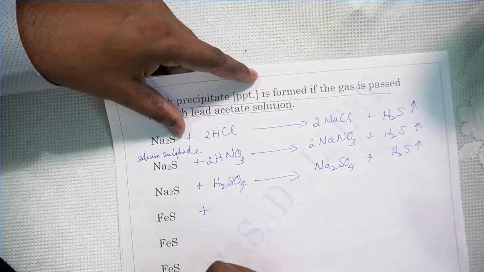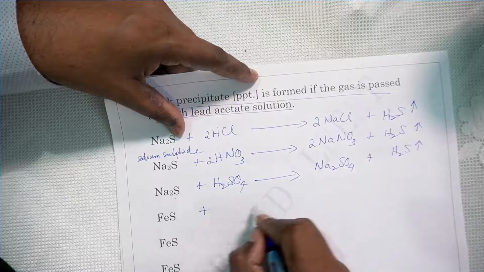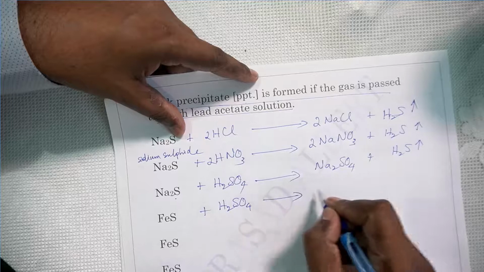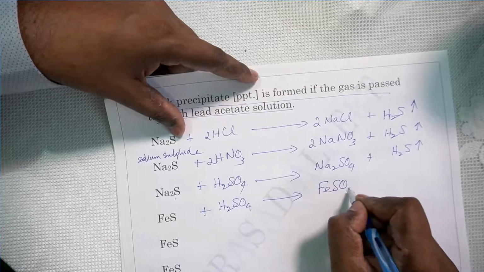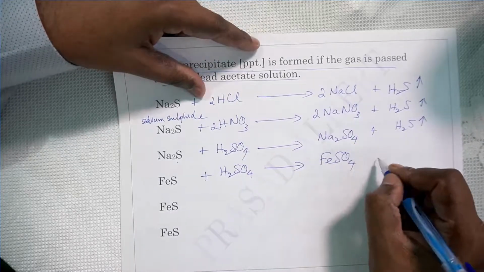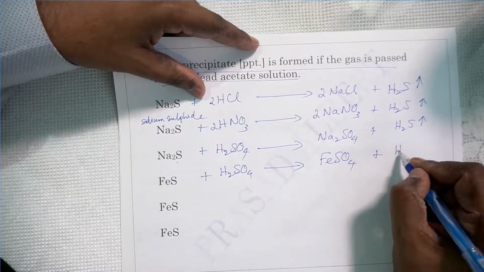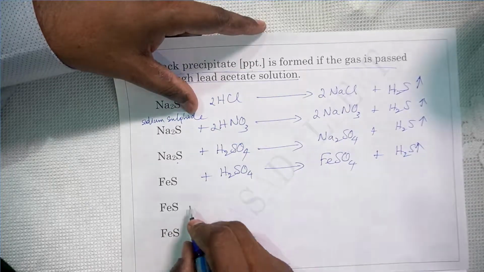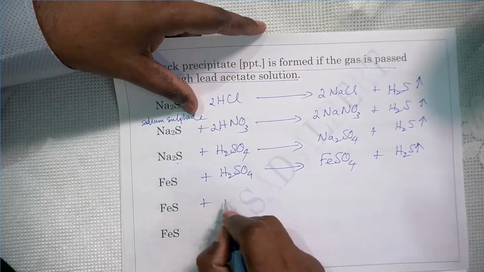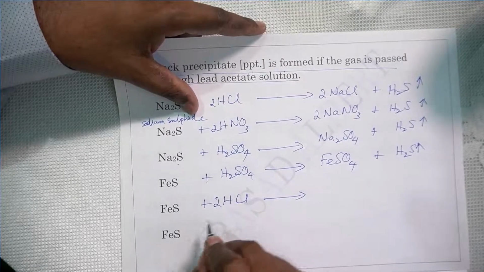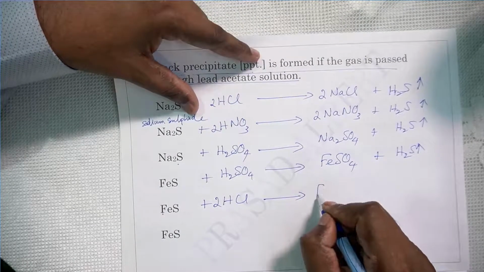FeS. Now these divalent metals will have similar reaction 1:1. H2SO4. What do you get? FeSO4. Ferrous sulfide or iron 2 sulfide, this one is. So you get ferrous sulfate or iron 2 sulfate, H2S. Okay. Then FeS plus, if you take HCl, hydrochloric acid, you will have to take 2 because it is divalent.